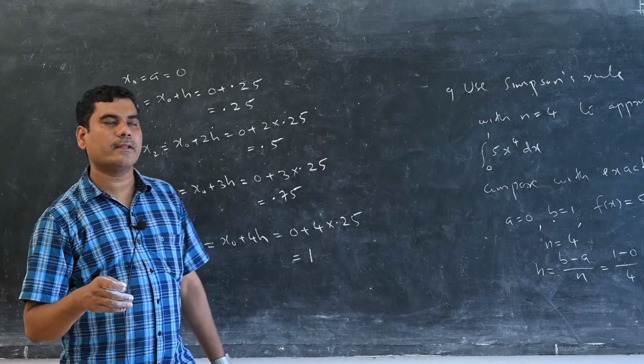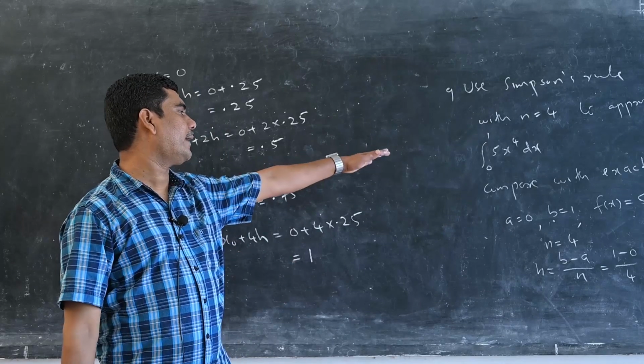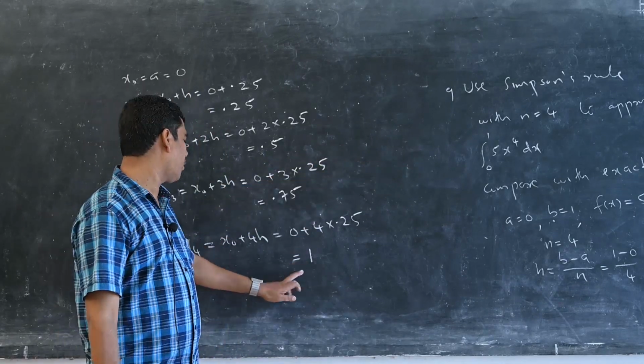So we have reached the upper limit of integration, the right end point of the interval, b is equal to 1.